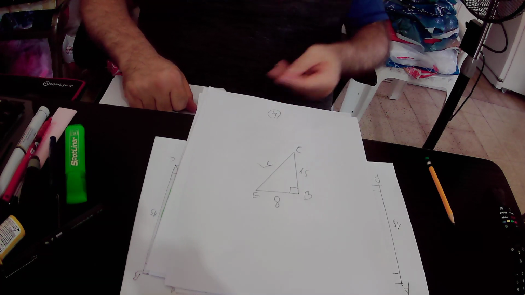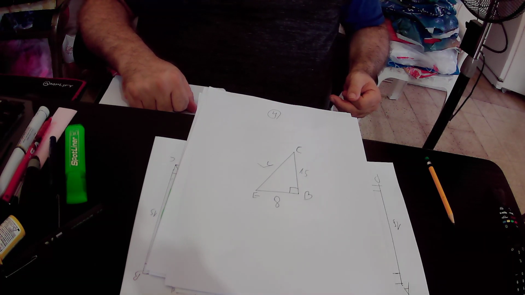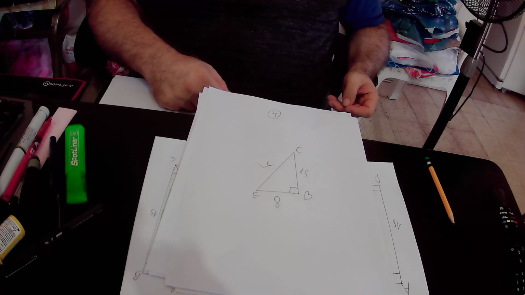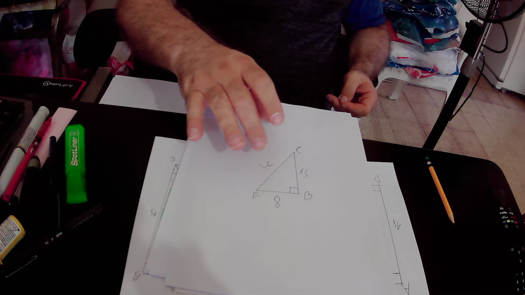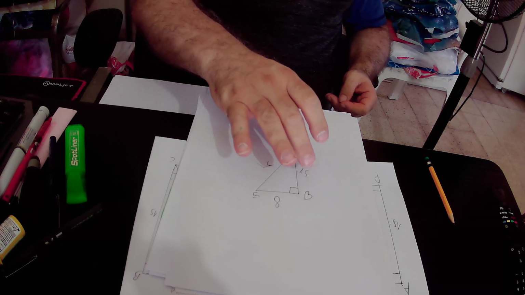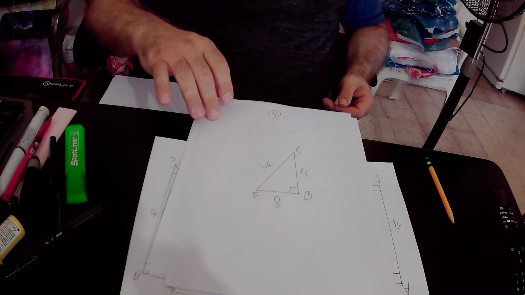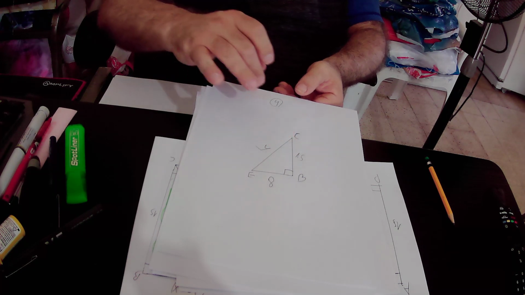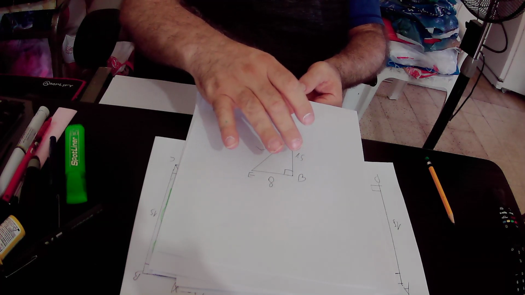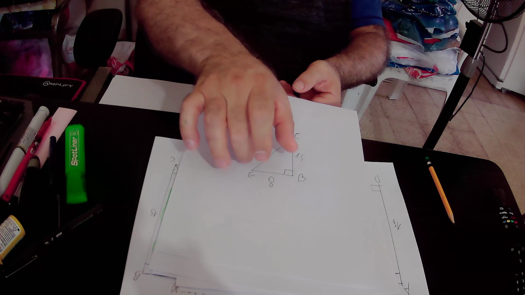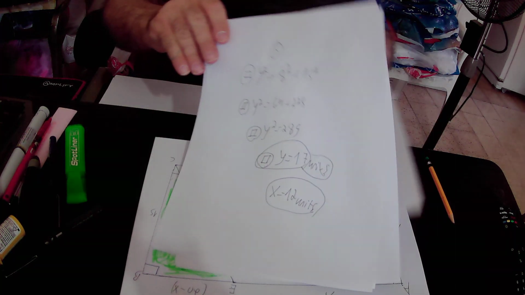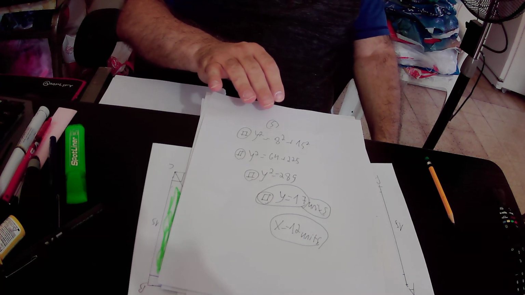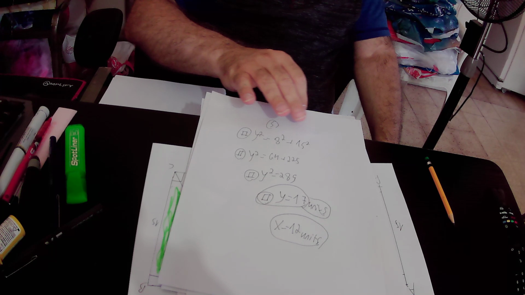We can use the Pythagorean theorem in order to find the value of y. The Pythagorean theorem states that the square of the hypotenuse equals the sum of the squares of the perpendicular sides. So y squared equals 15 squared plus 8 squared, according to the Pythagorean theorem that applies only to right triangles.